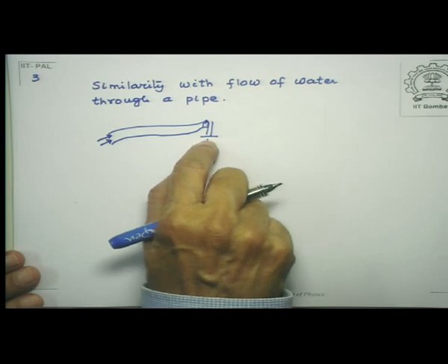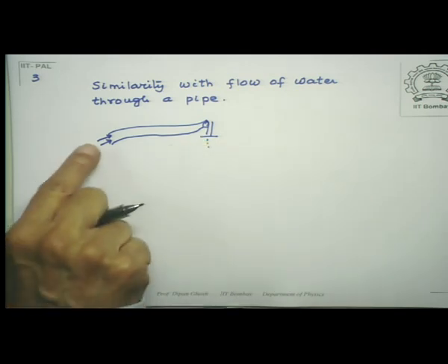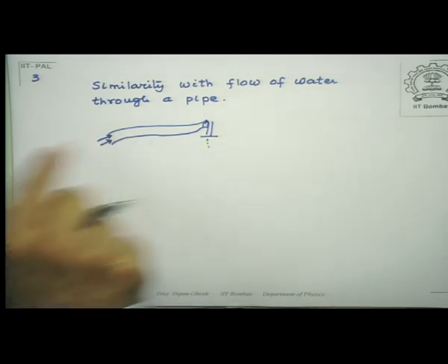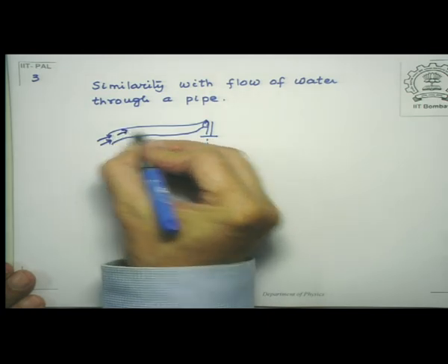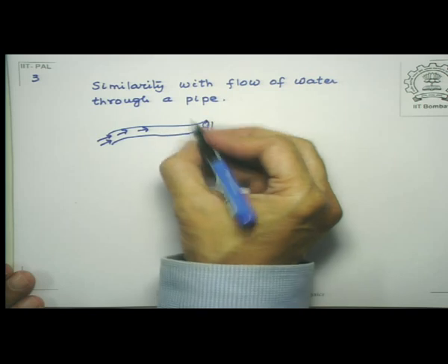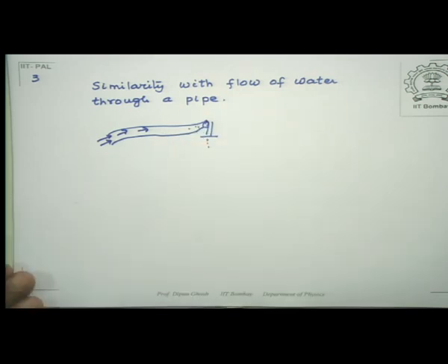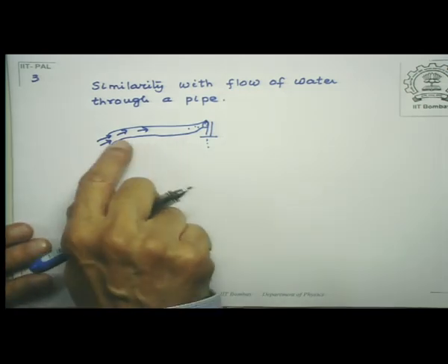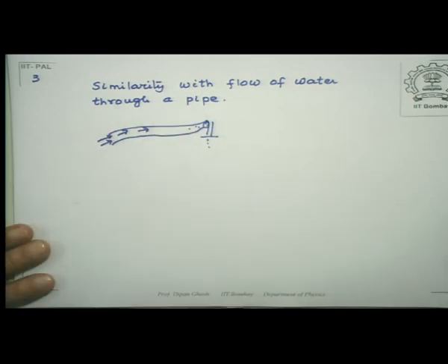Now, when you open the faucet, basically all that happens is the water gets pushed, but almost as soon as you open it, because there is already water at this end, the water starts flowing out. So, the incoming water is pushing the water which is already there, and of course then the water comes out.